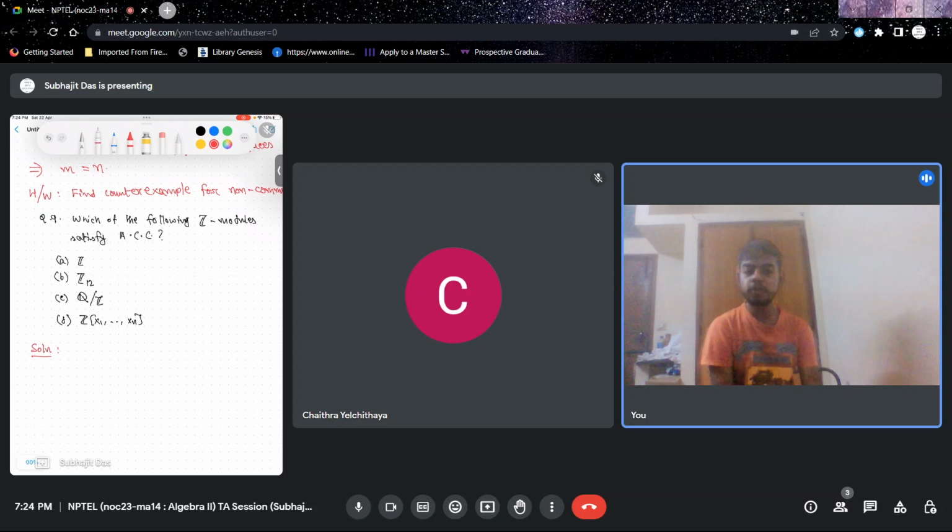What is an R module called if it satisfies the ascending chain condition on submodules?